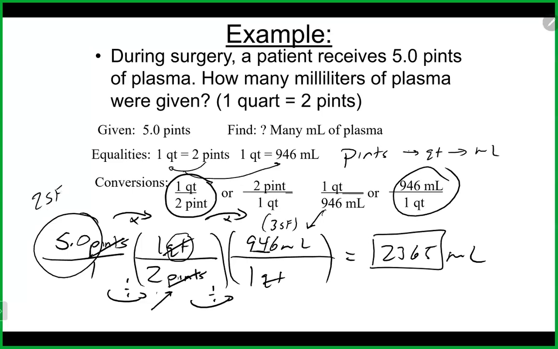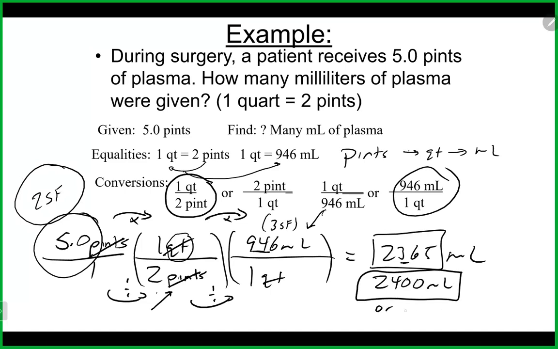Again, we're always multiplying and dividing here, which means we're always looking at significant figures. And that means the smallest looks like 2 significant figures, which means we should go here, and that should end up at 2,400 milliliters. Or once again, you can use scientific notation at 2.4 times 10 to the 3 milliliters.